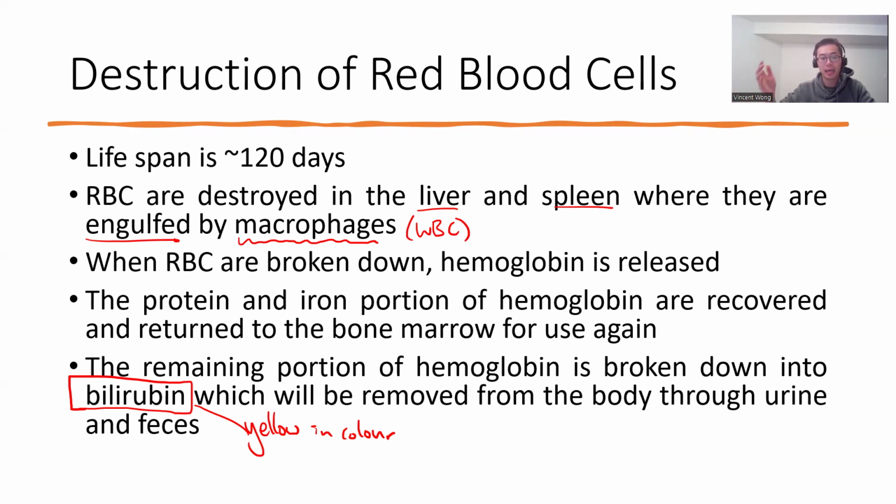We're going to talk about that probably not today, but next class. But remember, bilirubin is a waste product, a byproduct of hemoglobin breakdown. Okay, that's it for red cells. Any questions before I move on to the white blood cells?